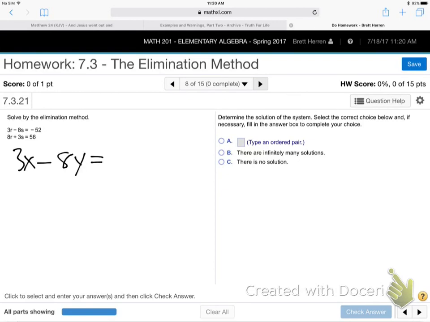3x minus 8y is minus 52. 8x plus 3y is 56. All right, same kind of thing. Got to make those y's be opposites, right? So multiply by the other guy.